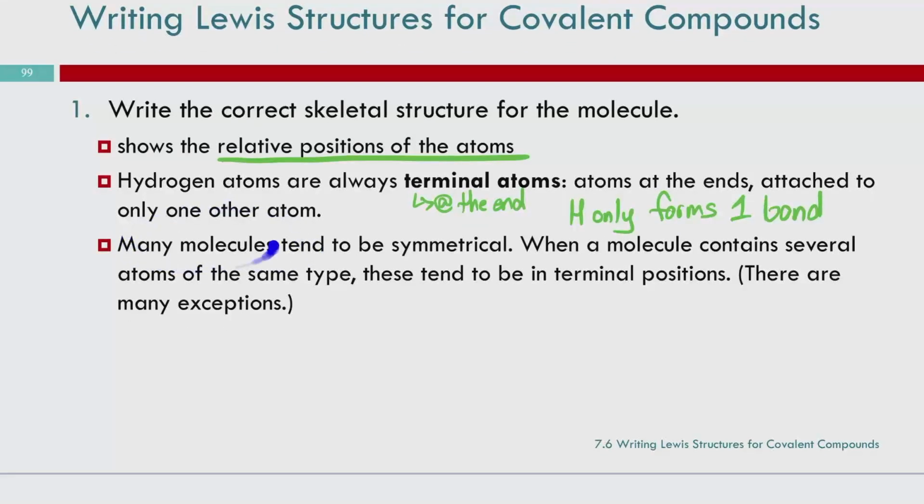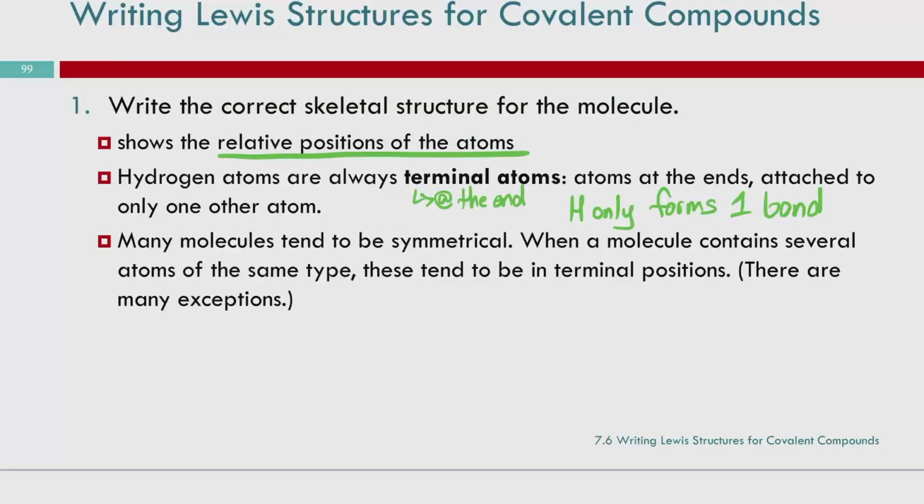Many of our molecules will tend to be symmetrical. What does symmetrical mean? The same on both sides. So the left side, the right side should look like mirrored images, or the top and the bottom should look like mirrored images. Molecules tend to be symmetrical because there's stability in symmetry.